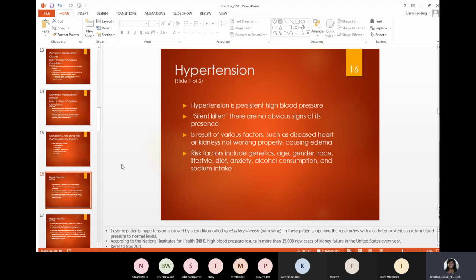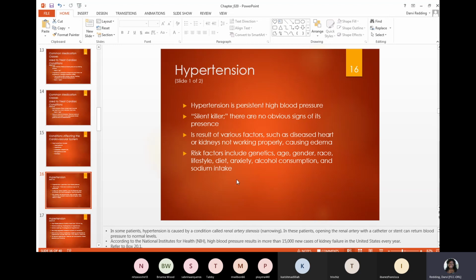So there are some risk factors in a person that might have hypertension. Some of the risk factors of hypertension include genetics, a person's age, their gender, their race, their lifestyle, their diet, their anxiety, their alcohol consumption, or their sodium intake. All of these are risk factors when it comes to a person having hypertension.